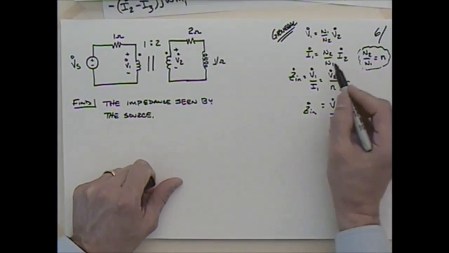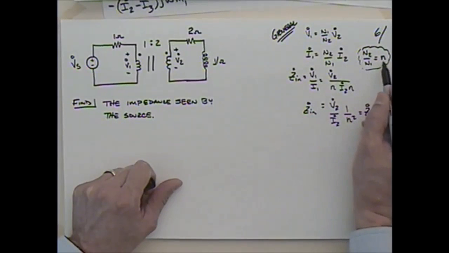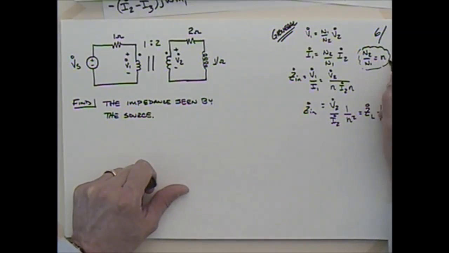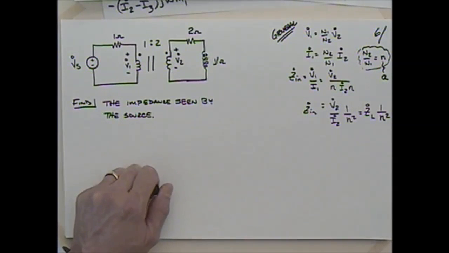So I looked at that ratio. I wanted to look at N2 over N1, and I just called that lowercase n there. Your author of the textbook that you have actually calls it A, which is maybe better.